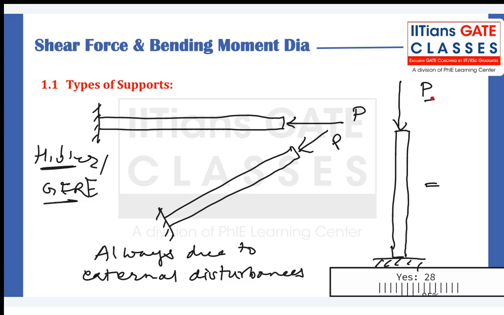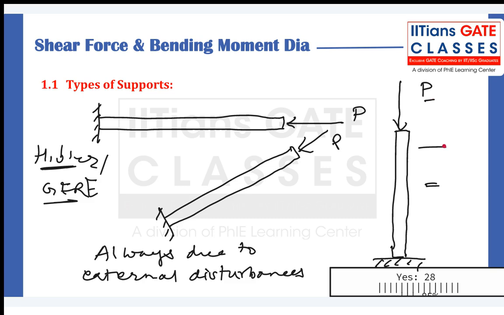It can be a gust, right? Wind, storm, tsunami or earthquake. So if you have any external disturbance, what will happen?